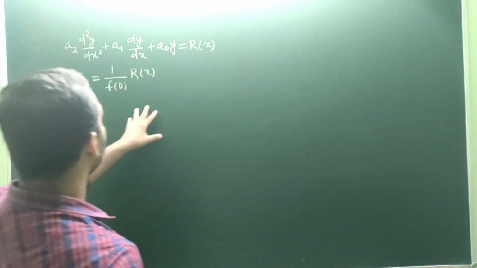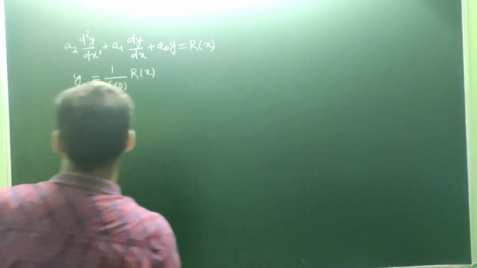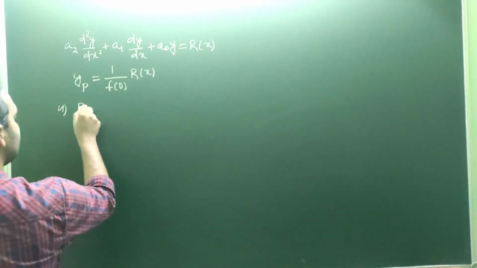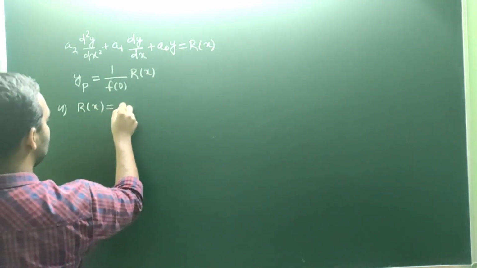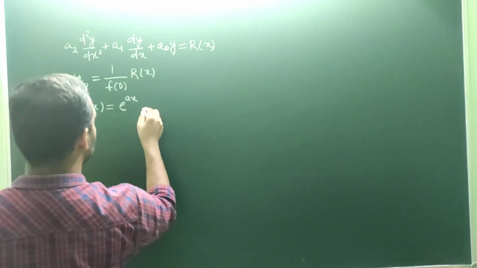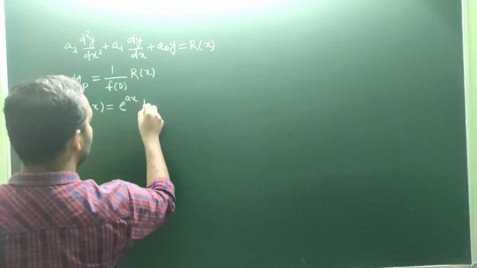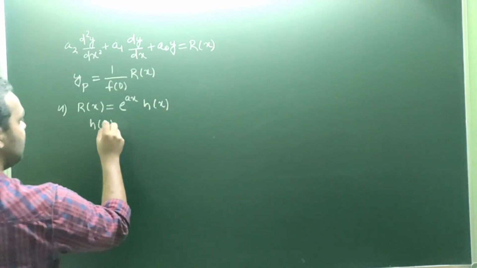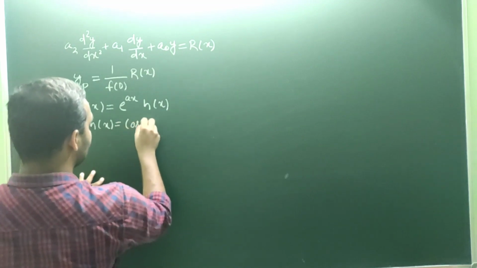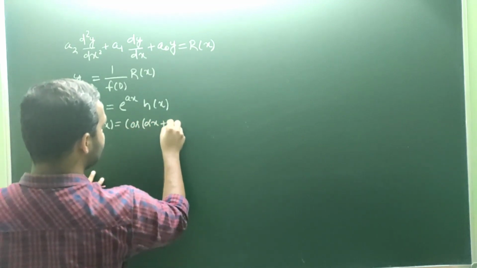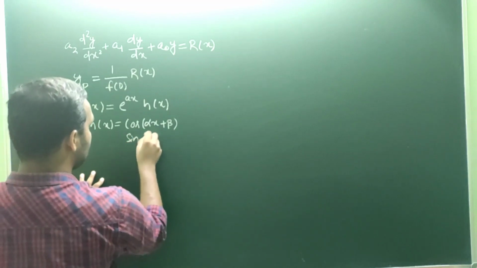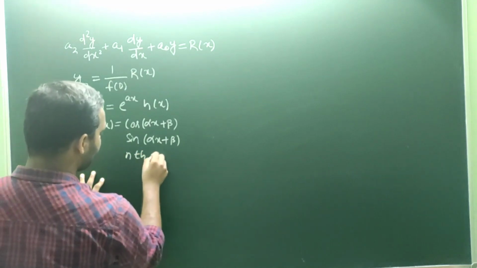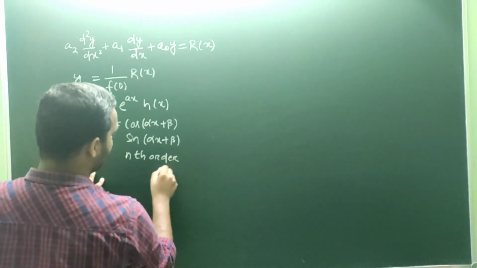Now let's take some more forms of this r of x. I have told you three types of r of x. So the fourth one, let's say this r of x is equal to the exponential function e to the power ax into h of x. And here remember, this h of x is either cos of alpha x plus beta, or sin of alpha x plus beta, or an nth order polynomial.